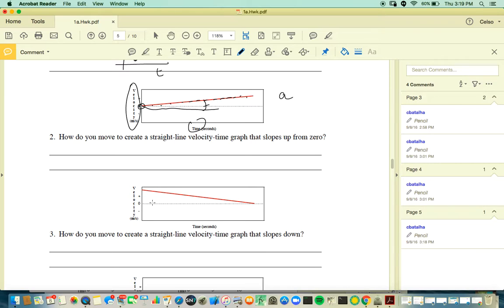So in this case, look at this, the velocity is always positive, always above zero, right? But the velocity is diminishing every single time, which means the speed is diminishing.